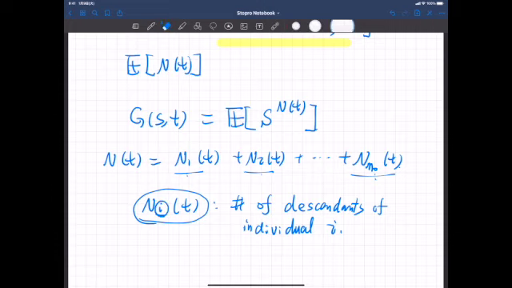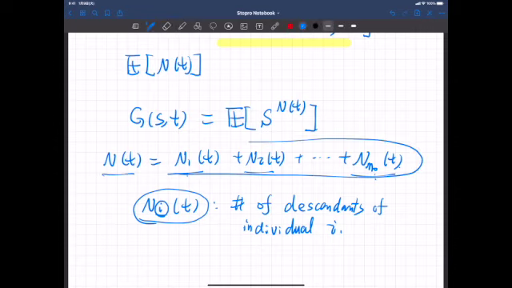So the total population at any time can be decomposed into the sum of the number of descendants of each individual in the initial population. We are assuming that those individuals behave independently. There are no interactions between them.